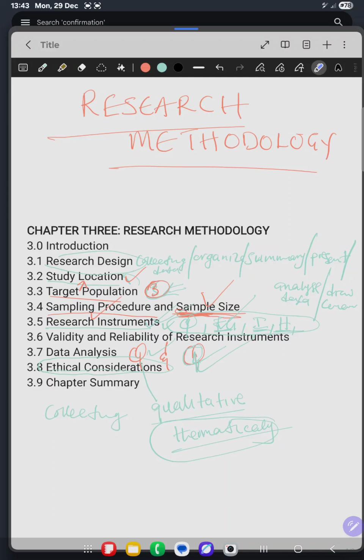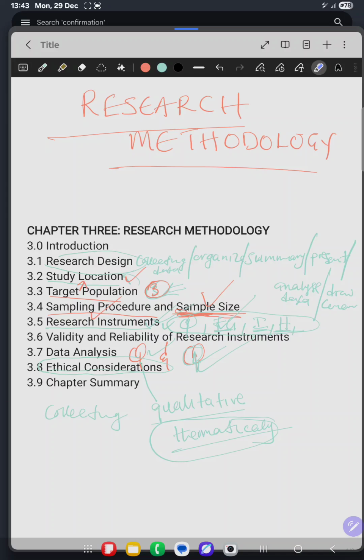Another ethical consideration that you can follow is the issue of being honest. I've seen most of the time researchers nowadays are not honest, because you'd find that somebody is giving his report, his research, to somebody else to write for them, and that person is using ChatGPT, some AI tools, to write this research in 3 minutes, 4 minutes.